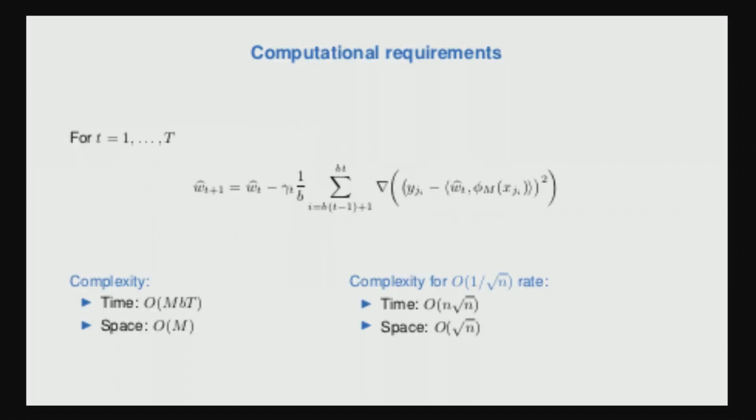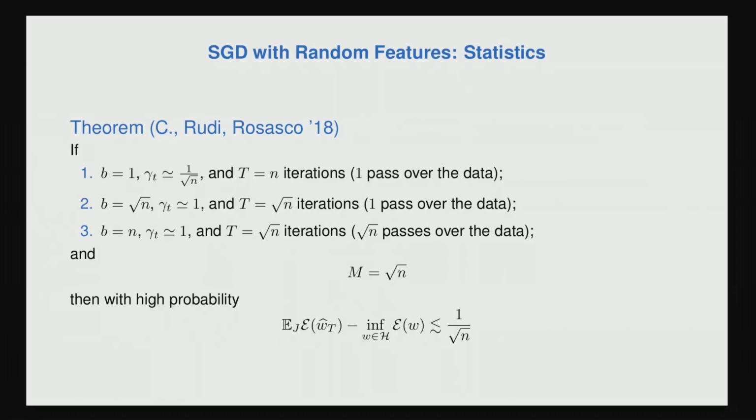Okay, so these are choices. How does this influence the computational complexity of my algorithm?